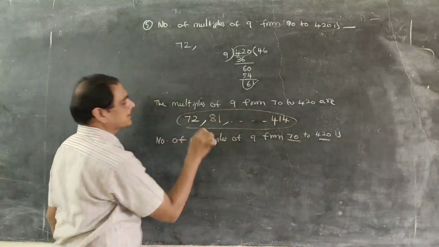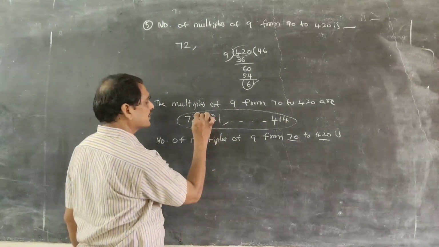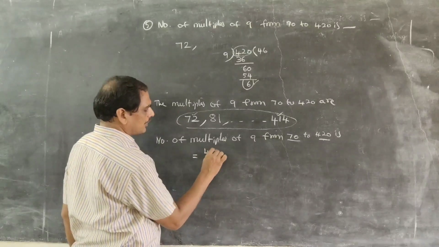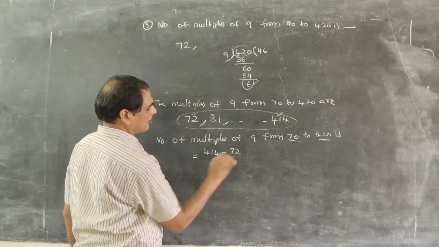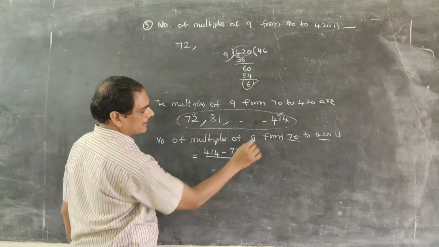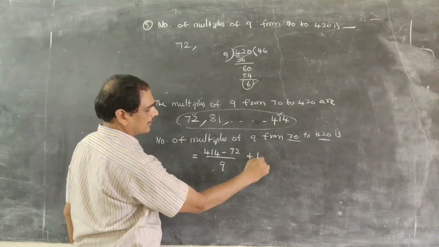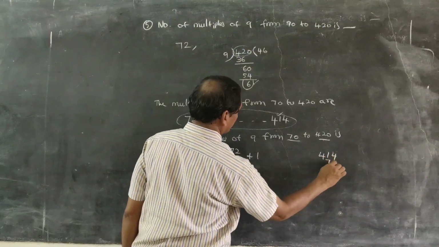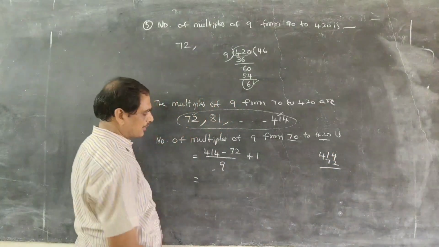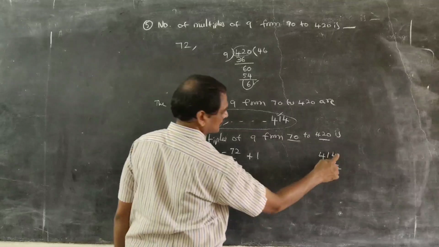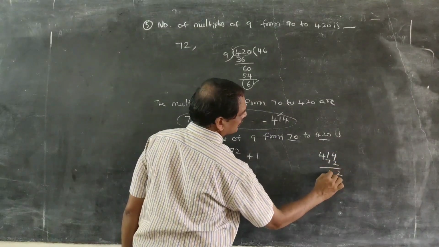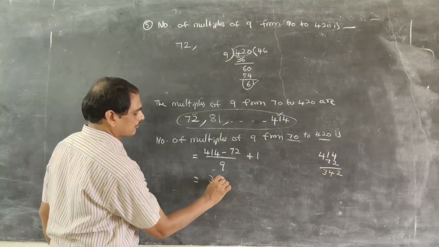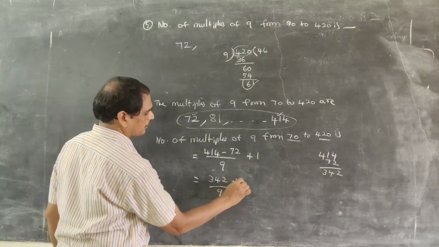We subtract 72 from 414, by 9, plus 1. 414 minus 72 is 342, by 9 plus 1.